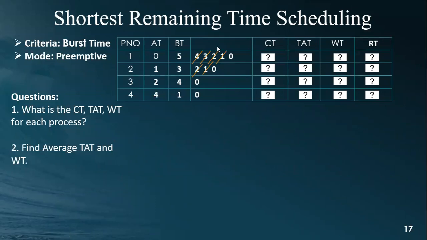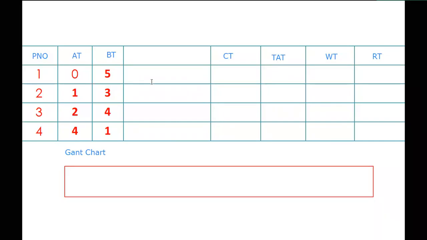So if I go for another implementation, just give me 1 minute. This is our example. We have the process numbers, arrival times and burst times, and we will calculate the completion time, turnaround time, and waiting time. We will also calculate another new term, called response time. What is response time?